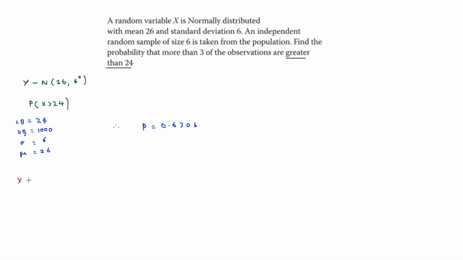So the x is binomially distributed this time, and it gives us the number, because it says that the number is going to be size 6, that's our sample. So we have 6 there, and then we just worked out the probability, and that's 0.6306.